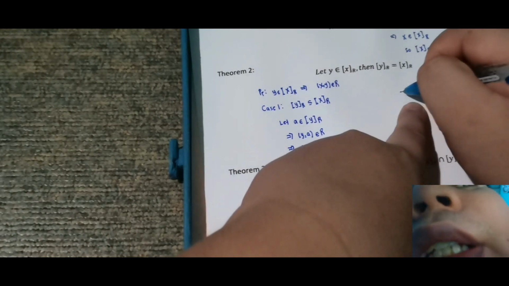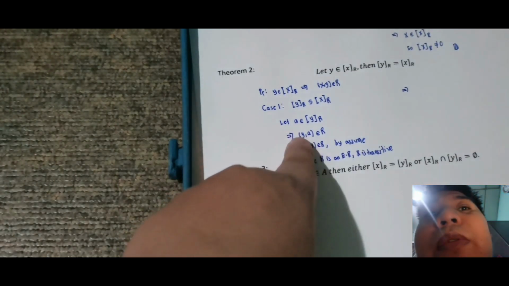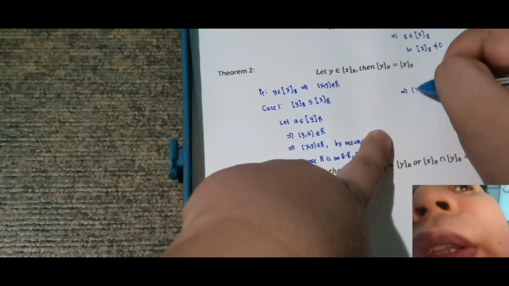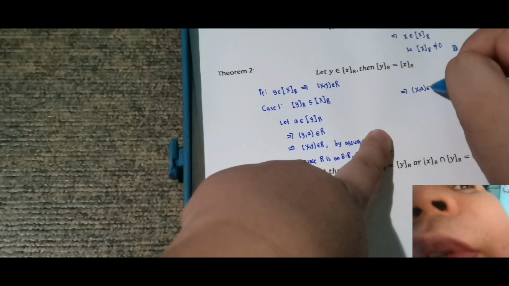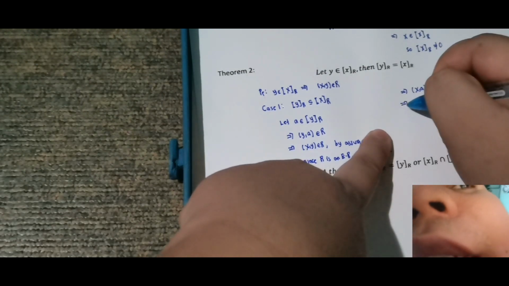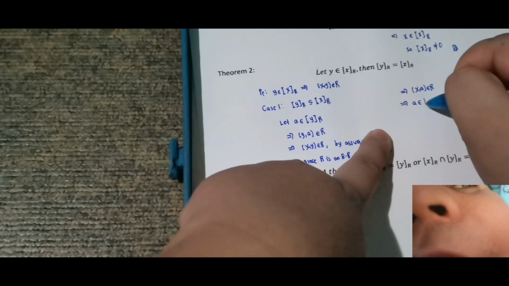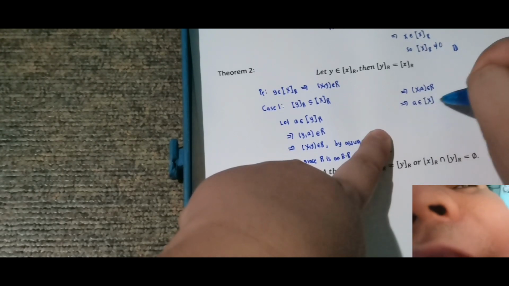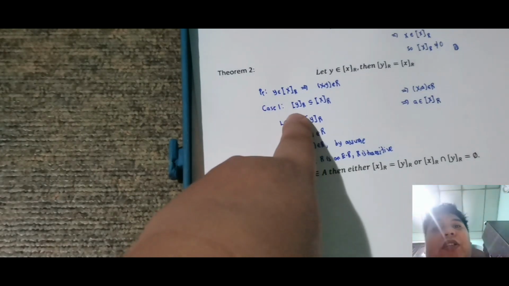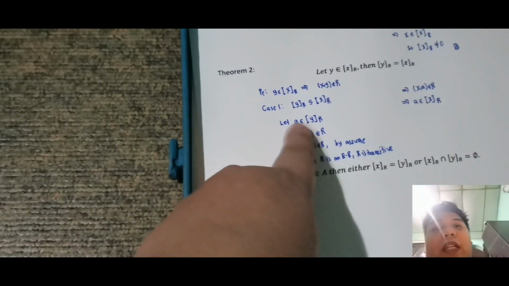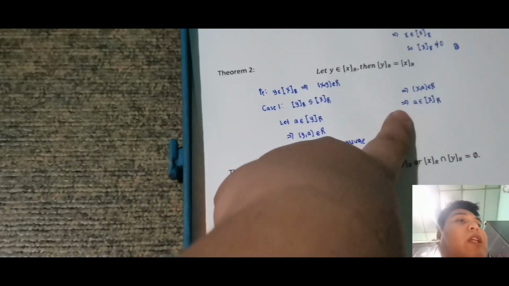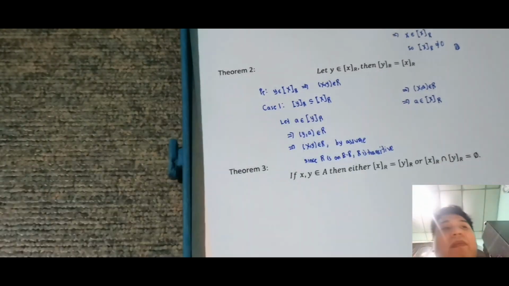This implies x, a is an element of R. Then this implies that a is an element of the class represented by x, which is the goal. We have shown that a is an element of the class represented by x.